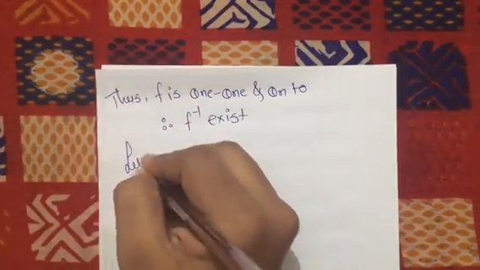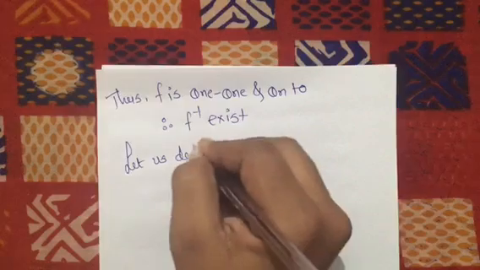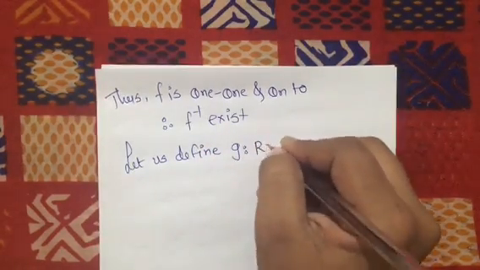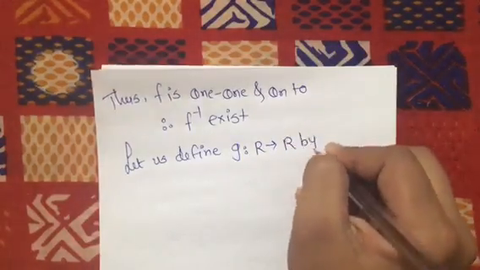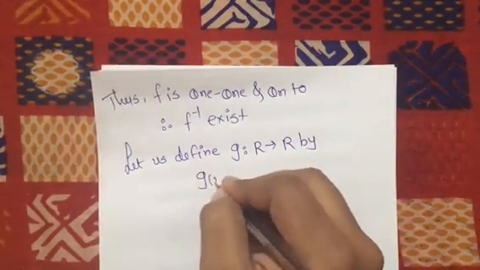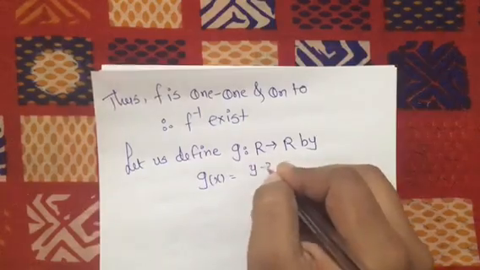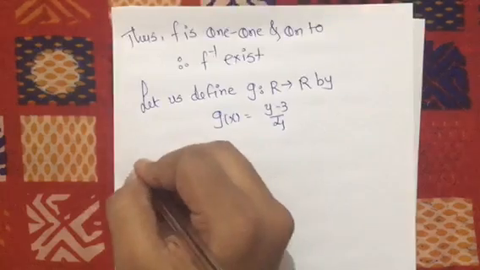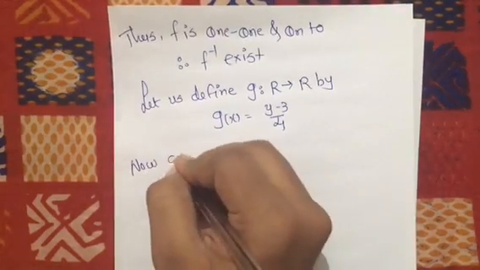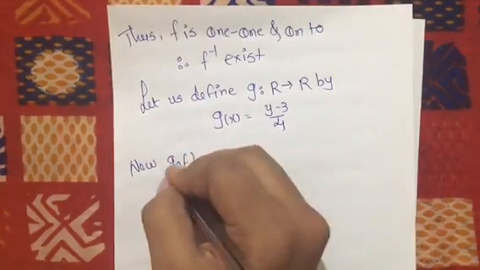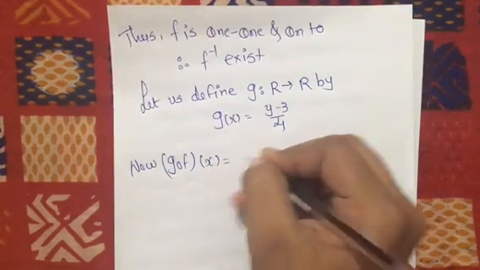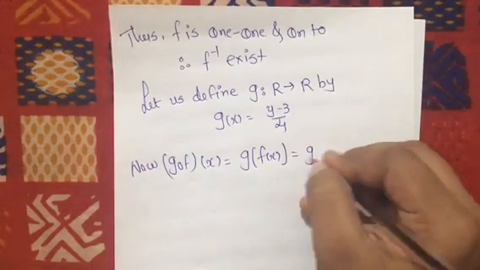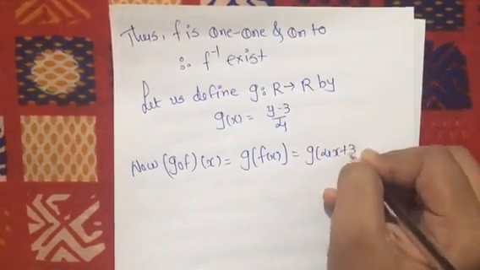Let us define g from R to R by g of x equals (y minus 3) divided by 4. So now g of f of x equals g of f of 4x plus 3.